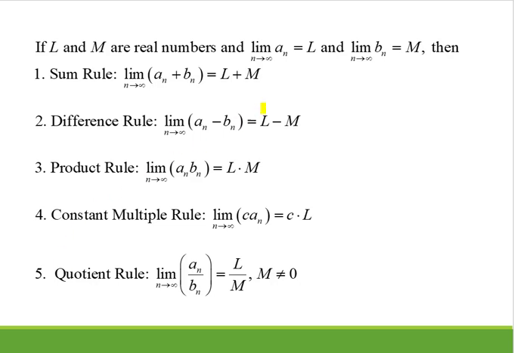If you have a limit that's L and a limit that's M, for a sum you can just add the limits, for a difference subtract the limits, for a product we can multiply them, we can pull a constant out in front, and then we can divide the limits. I feel like those are super self-explanatory. We're not going to be doing a whole lot with these rules. I just want you guys to be aware of them.